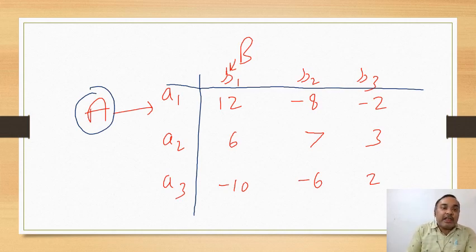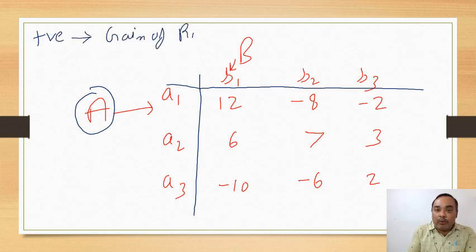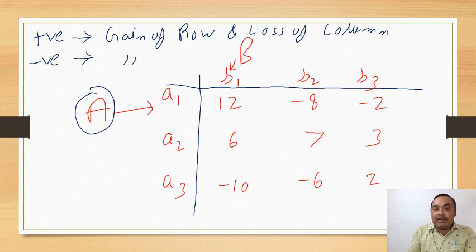That means any positive value is the gain of the row and loss of the column. Similarly, any negative value is the gain of the column and loss of the row.